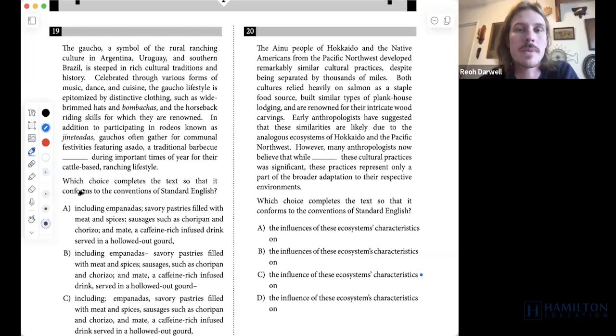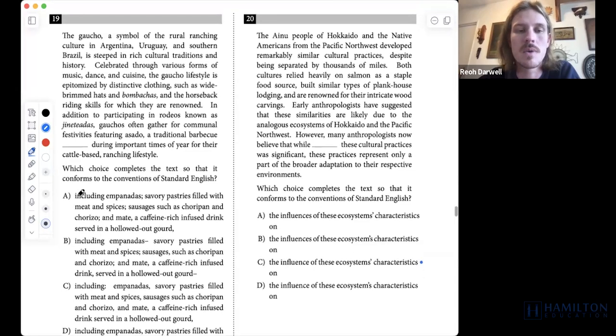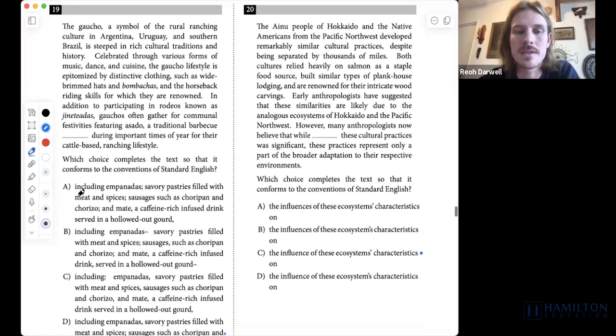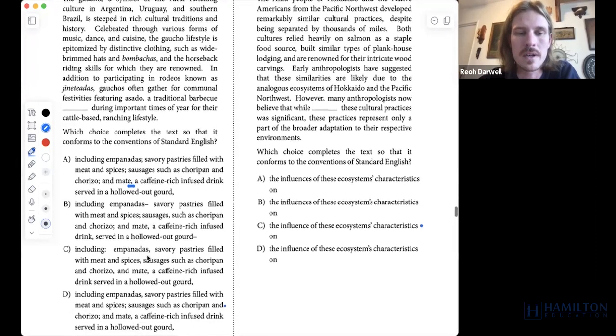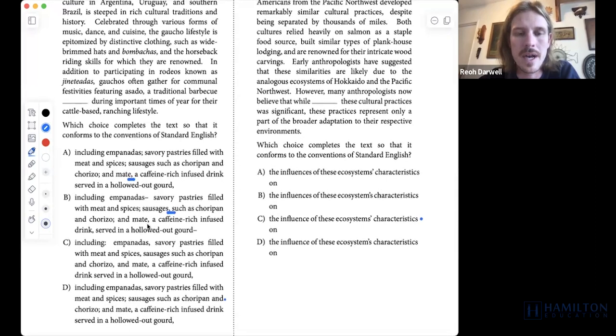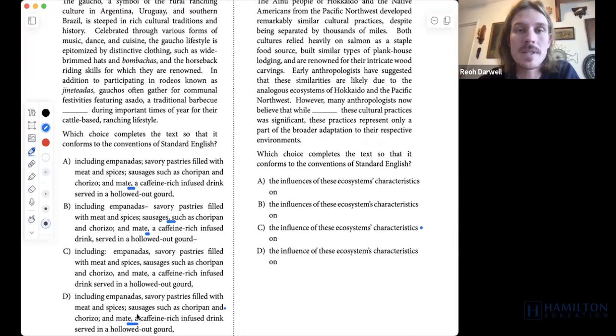So when do we use semicolons in a list? In a very particular circumstance. We do it when items in the list require commas within them. Here we're using commas to introduce our explanations in the list, so we need commas.